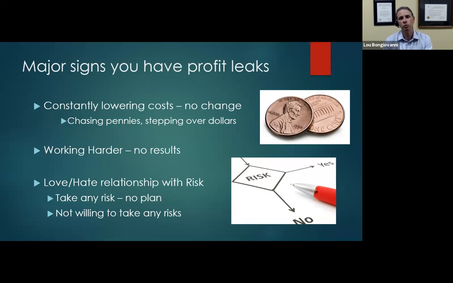That does work, but it usually works in a short period of time. And usually you do that so that you can regroup and move forward. If that's your constant go-to strategy, that leaves a lot of profit left on the table because you've now shrunk your ability to make profits.